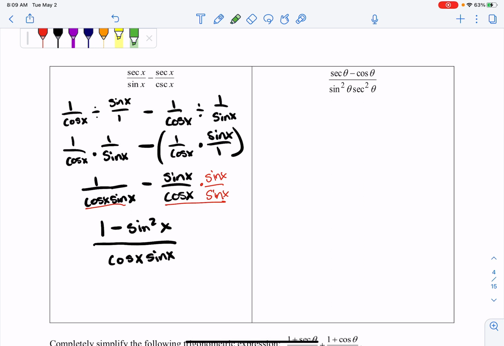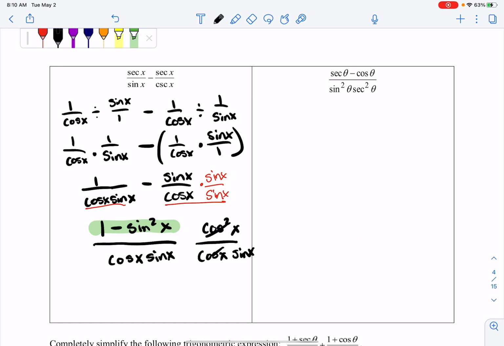Well, again, this top part should kind of be singing out to you as special because this is just our trig identity. So this is cosine squared x is the same as 1 minus sine squared x. And again, that's on the sheet that should be in front of you as you work on these until you get comfortable. Over cosine x, sine x.